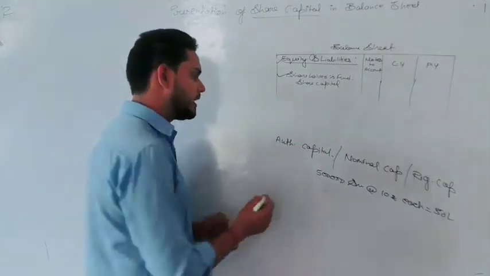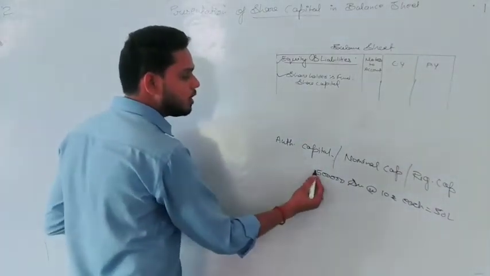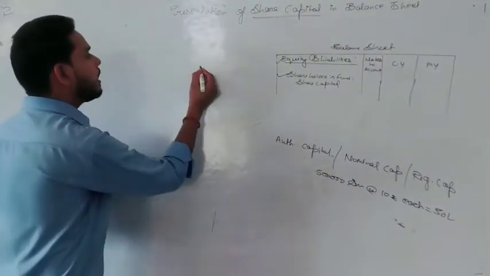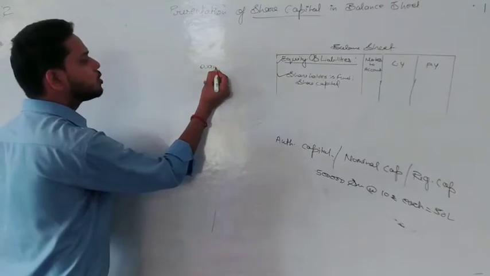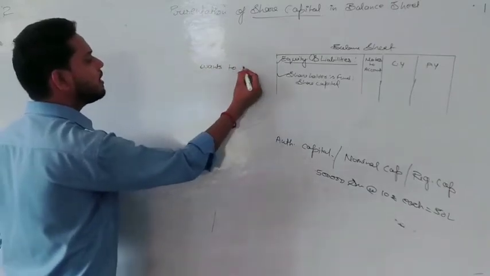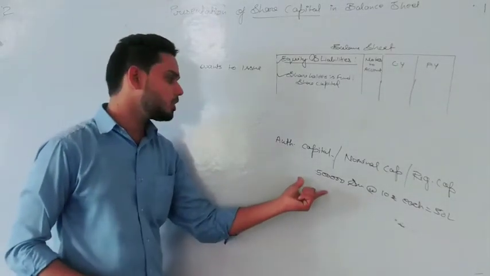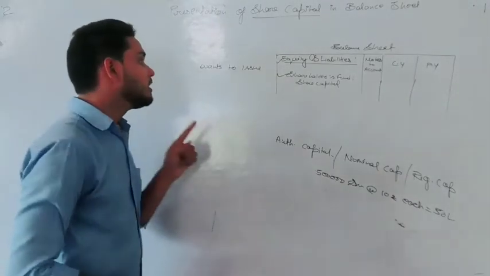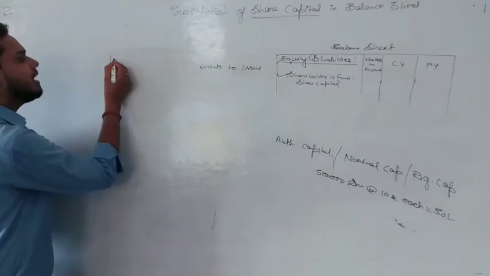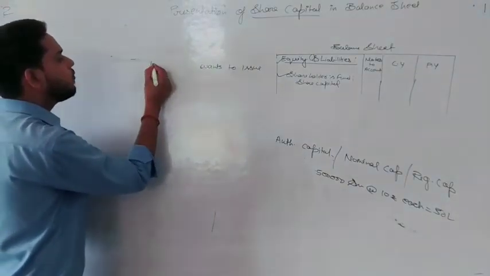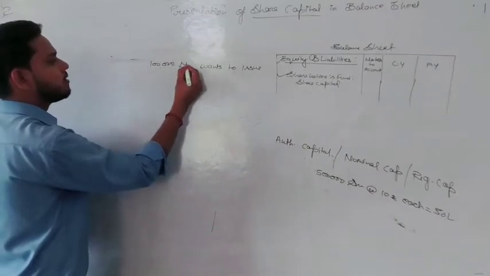So company decided that they will issue, let me write it here, company wants to issue, that is not actually issued. So let's suppose from this 5 lakh shares, company decided that they will issue 1 lakh shares.